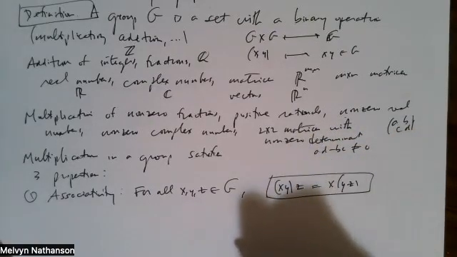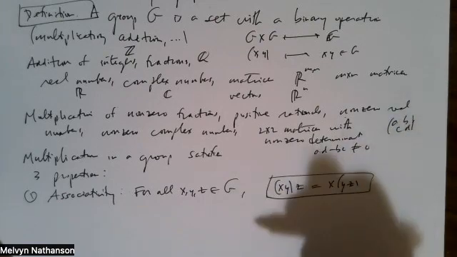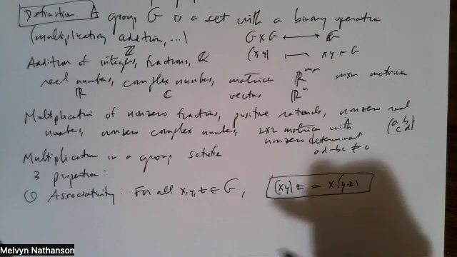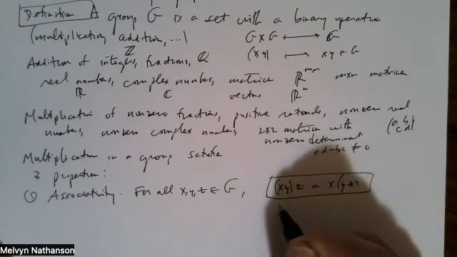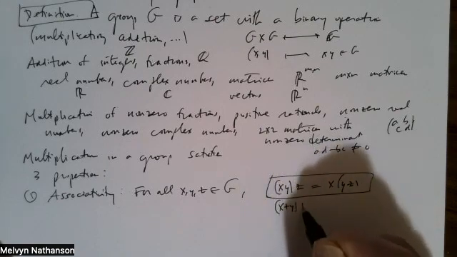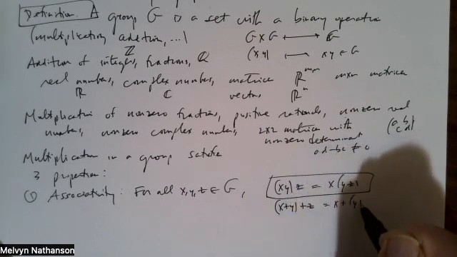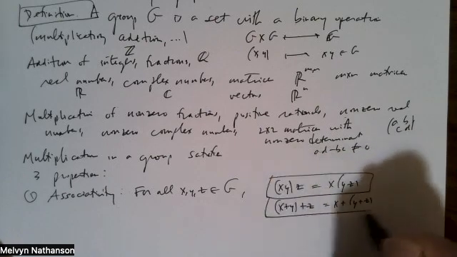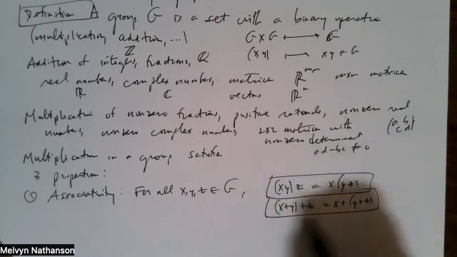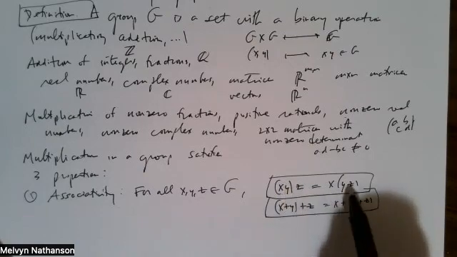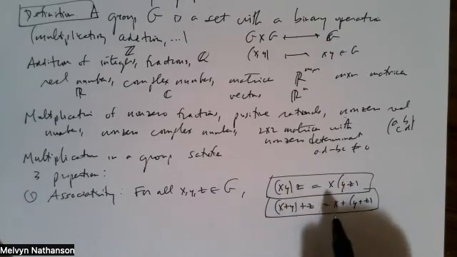So that's associativity. If you were writing the group operation as addition, you would write this as x plus y plus z equals x plus y plus z. So this is exactly the same property, but here I'm using multiplicative notation, and here I'm using additive notation.